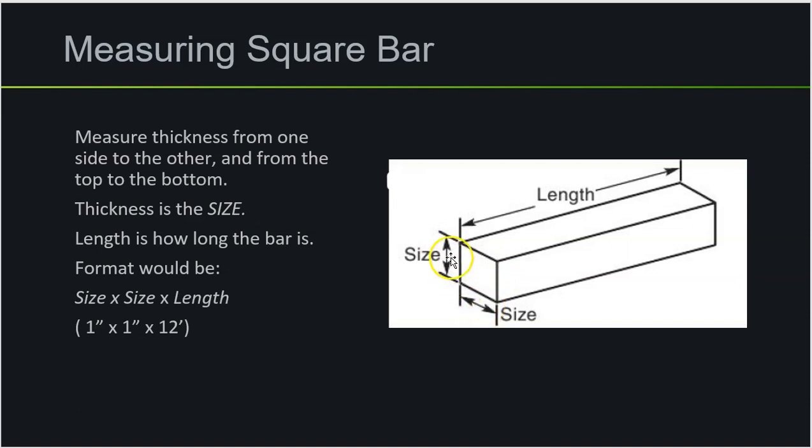When we're writing it down, we write the size by the length. I gave us an example here: 1 inch by 1 inch by 12 feet. This is saying that this square bar would be 1 inch thick this way, 1 inch thick that way, by 12 feet long. Pretty simple, right?